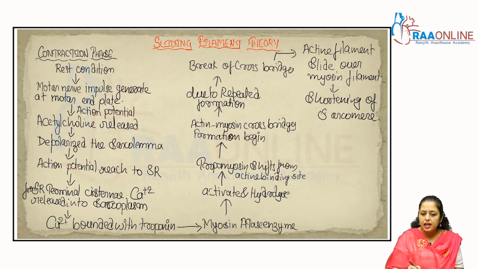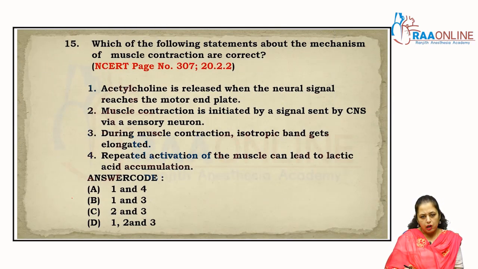As the calcium ion is removed, the actin and myosin cross bridge formation stops, and passive sliding of filaments occurs. Clear? So in that manner, now come to the question.